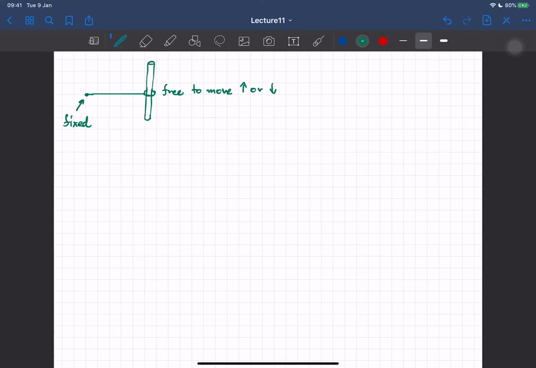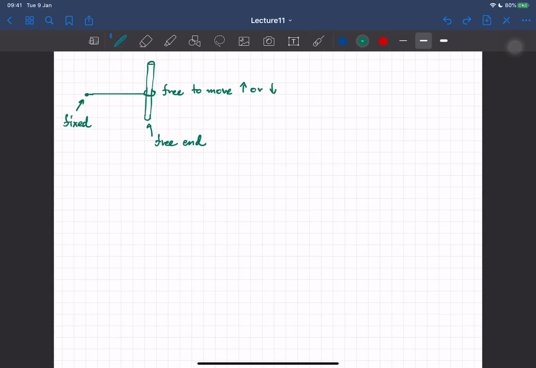You can also have both ends like this, so both ends are free to move up and down, but that's a little bit hard to implement in real life. So let's just talk about this case. This end is what we call a free end. The boundary condition will be different, because now this one is allowed to move up and down.